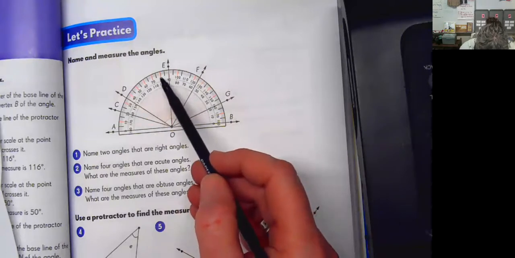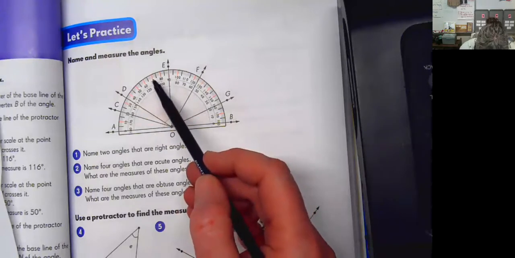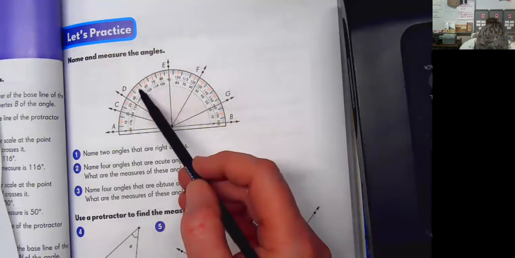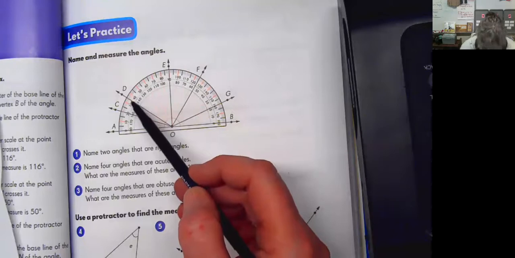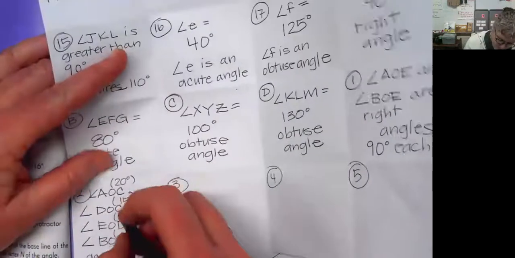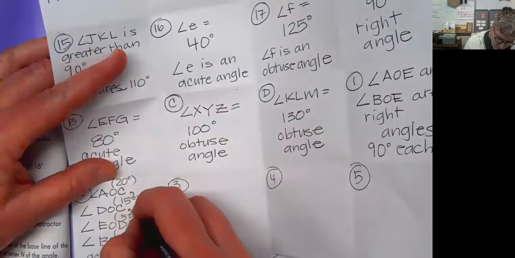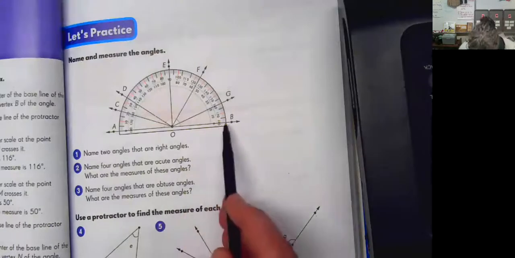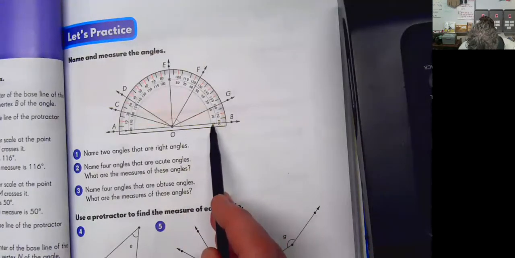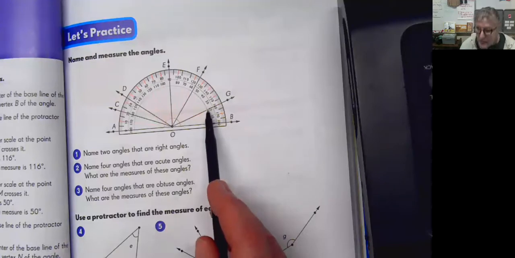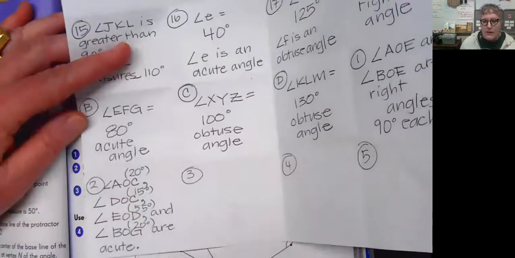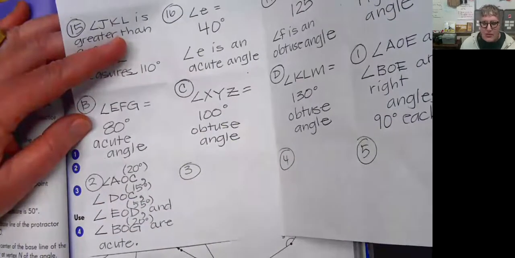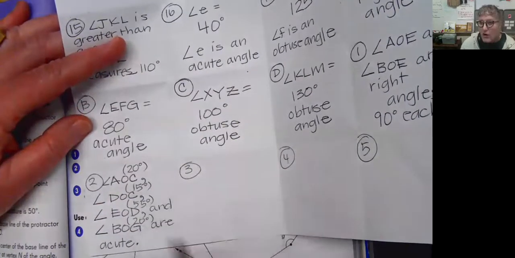That's 10 degrees, 20 degrees, 30 degrees, 40 degrees, 50 degrees, plus 5. So it's 55 degrees. And then we measured this last one. And again, we can look at 0 on the inner scale, and it's 20 degrees. Okay? So we measured all of them, and we made sure they're all less than 90, so they're all acute angles.